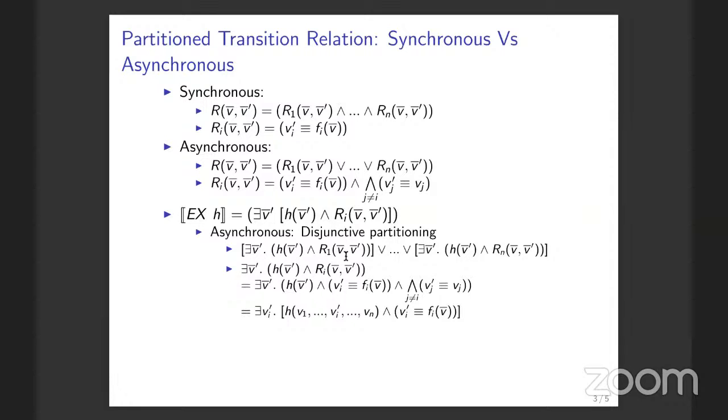That is the hope. And in practice, doing existential quantification over a partitioned transition relation seems to work better also. That is borne out by empirical results, and the intuition is that.